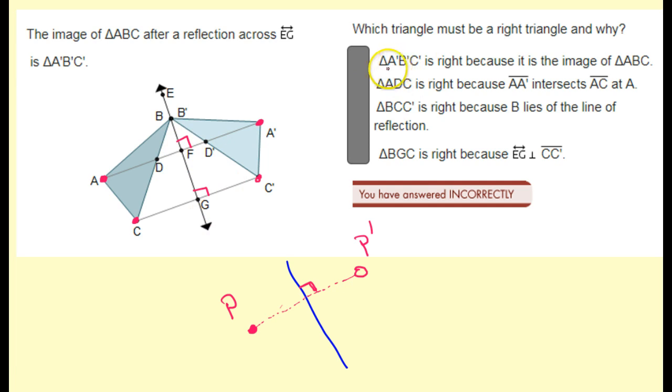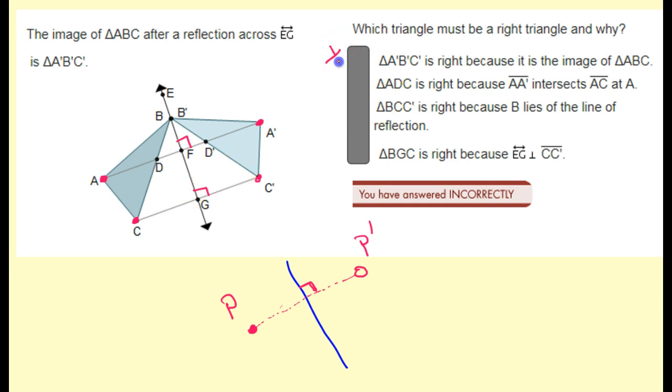So let's see. Triangle ABC is a right triangle, but what about A prime, B prime, C prime? Is that a right triangle? Let's see. A prime, B prime, C prime. We have no way of knowing if that's a right triangle. All right? We're looking for a triangle that's going to involve one of these two right angles that we just found.